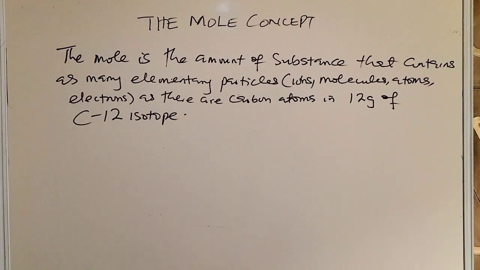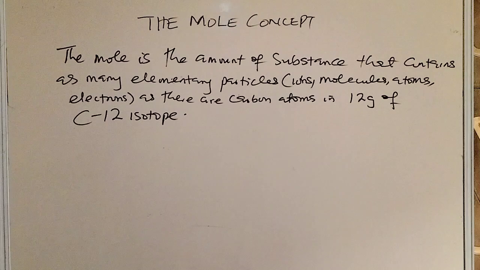So let's repeat the definition again for the mole. We say the mole is the amount of substance that contains as many elementary particles, which could be ions, molecules, atoms, or electrons, as there are carbon atoms in 12 grams of carbon-12 isotope.